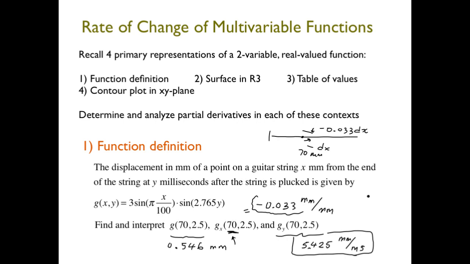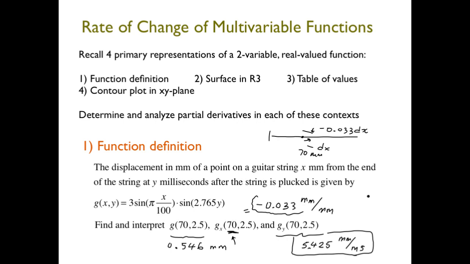Is the point on the string going to travel 5.425 millimeters? Why not? Right. As soon as half a millisecond goes by, this rate could be totally different. It could be now 1 millimeter per millisecond.